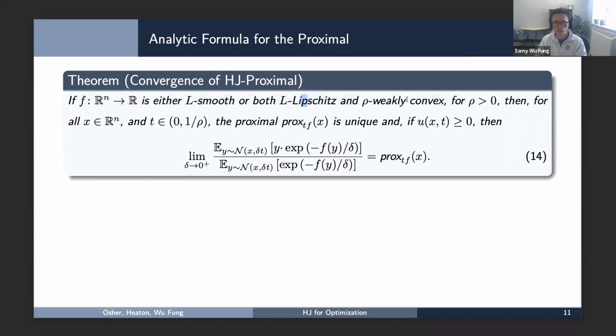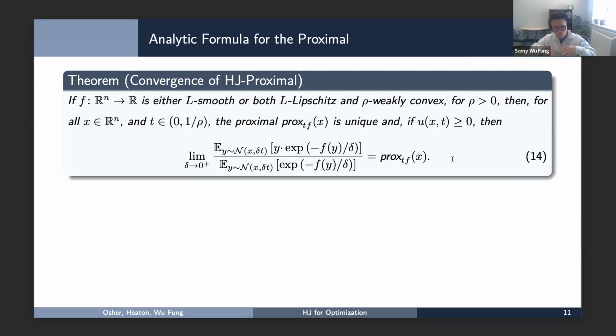If either of these conditions hold, and I choose this t, this smoothing parameter, between 0 and 1 over rho, then the proximal is unique because the objective function inside of the proximal ends up being strongly convex. Disregard this part, it's a bit of a typo, but essentially, if you have these conditions, then as you take the limit as delta goes to 0 of this quotient of Gaussian convolutions, I converge to the proximal operator.